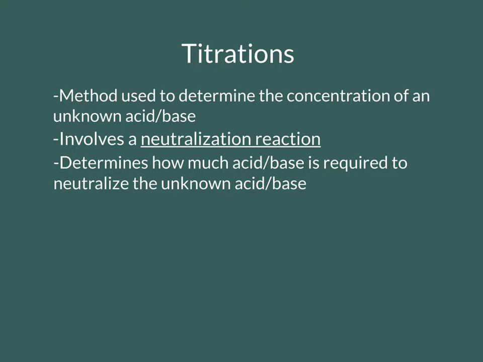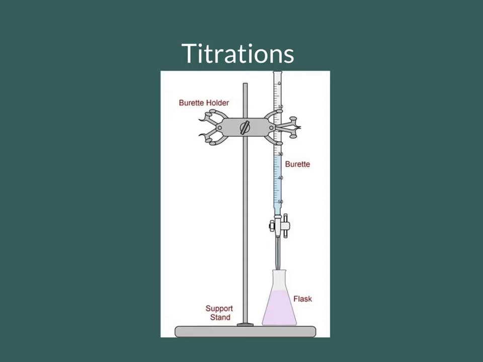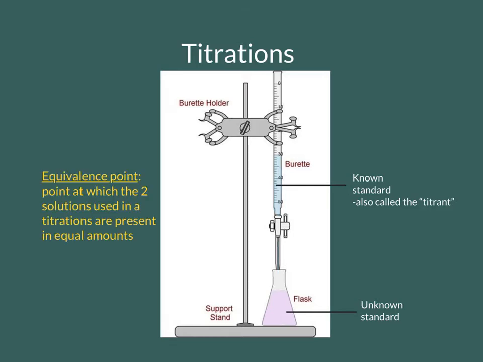The setup typically involves a burette and a flask, and the known standard is added from the burette to the unknown in the flask until the equivalence point is reached. And as we mentioned previously, the equivalence point is the point at which the two solutions used in a titration are present in chemically equivalent amounts.